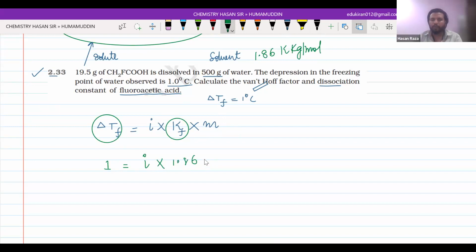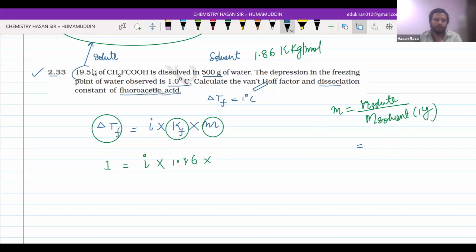Now all we need to do is to calculate molality first. Molality is number of moles of solute upon mass of solvent in kg. Number of moles of solute is given mass upon molar mass. So this is the solute, given mass is 19.5, and molar mass we can easily calculate. 2 carbon is there, so it will be 12 into 2, 24, and how many oxygen?